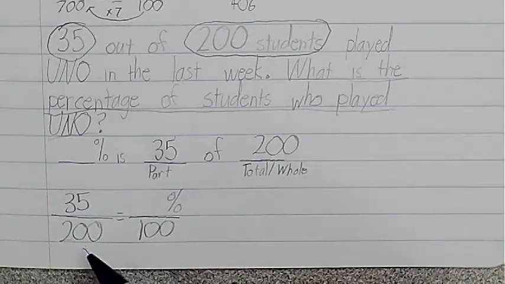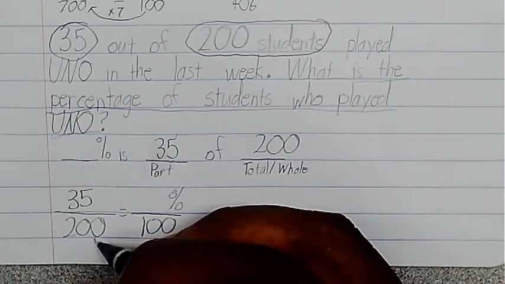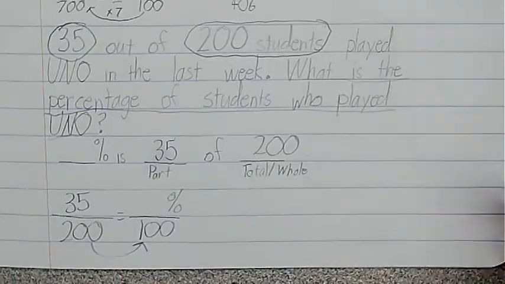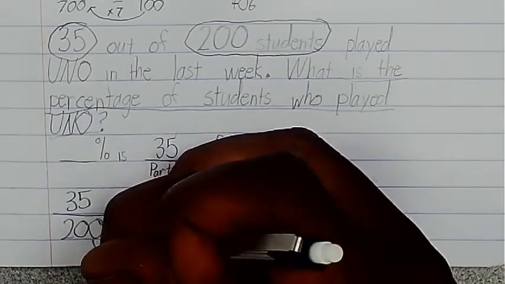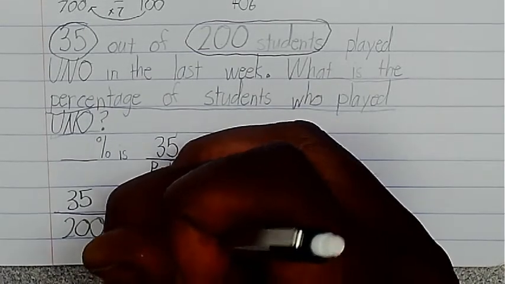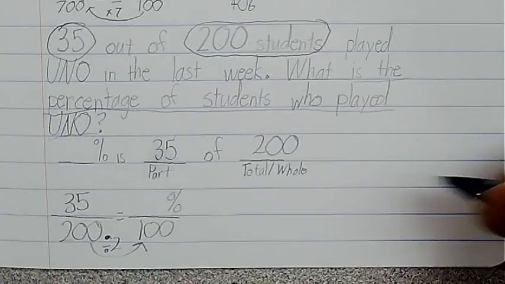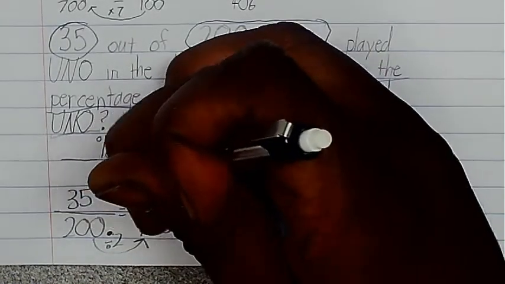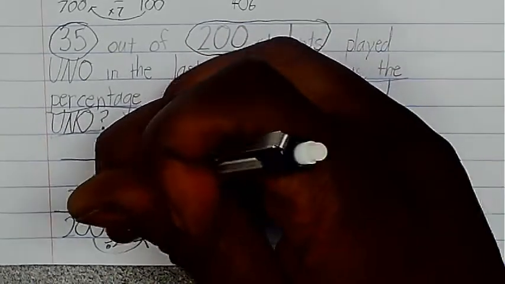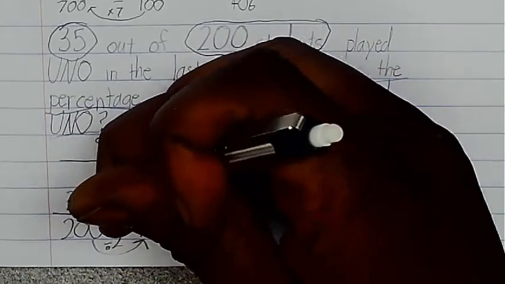So that means, of course, we could divide 200 divided by 2 to get 100. So that means we're going to have to divide 35 divided by 2.